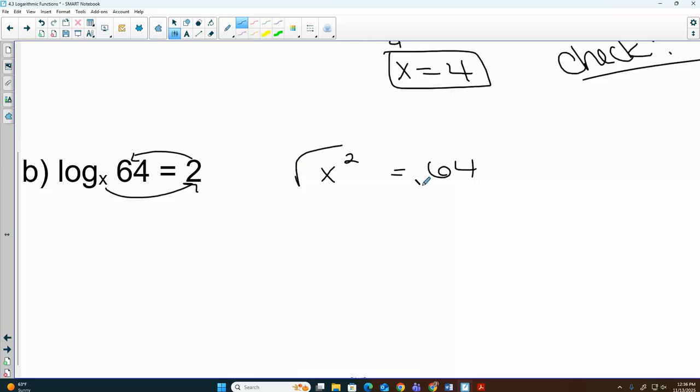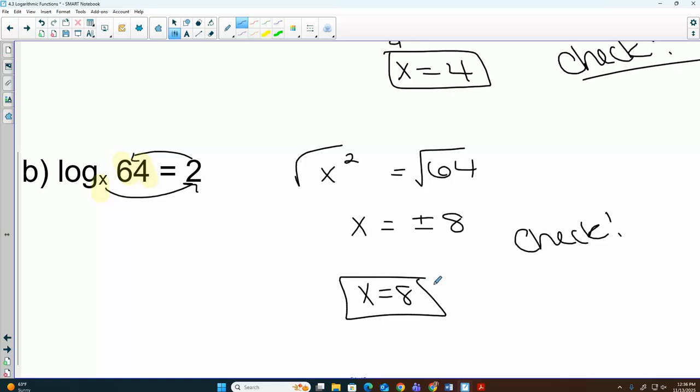And anytime you add a square root, what do you have to put with it? So I get x to be plus and minus 8. Make sure you check. The argument's positive, that's no problem. The base also has to be positive. Can my base be a negative 8 then? No. So my only answer is positive 8.